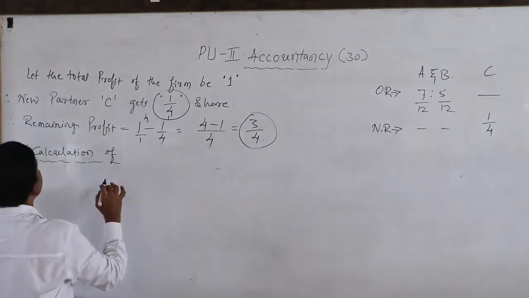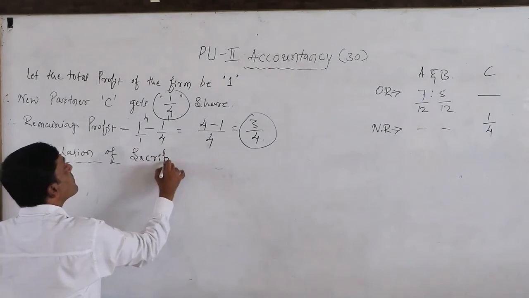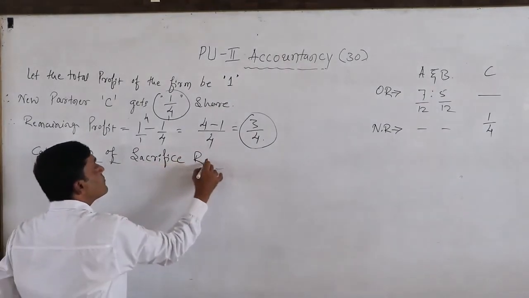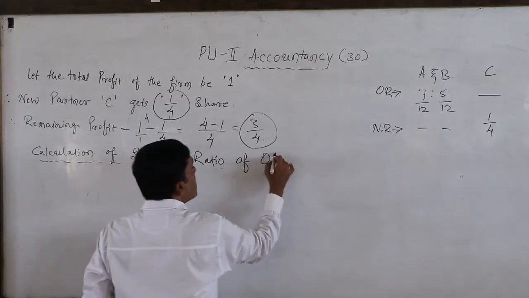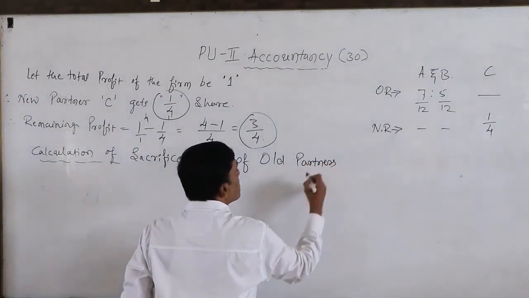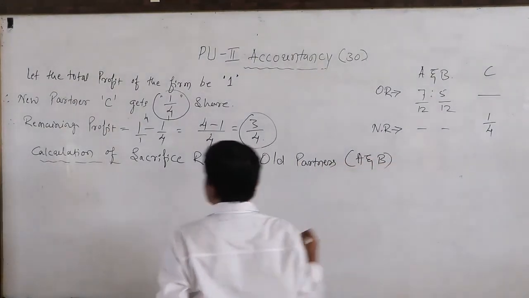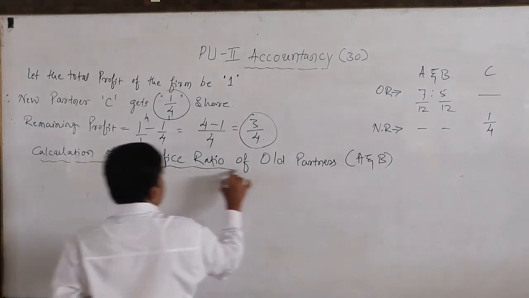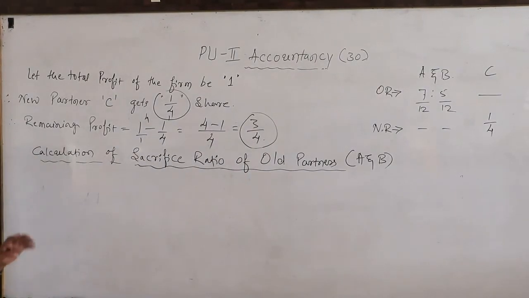Calculation of sacrifice ratio of old partners. Old partners means A and B. As you all know, dear students, while ascertaining the sacrifice ratio, we need to ascertain the sacrifice ratio of old partners only, but not the new partner.